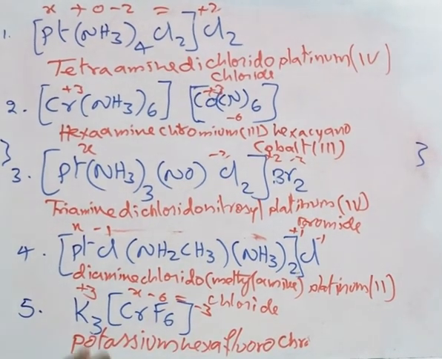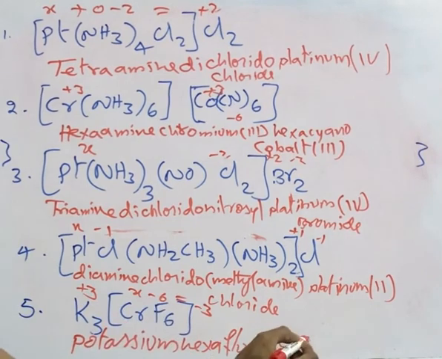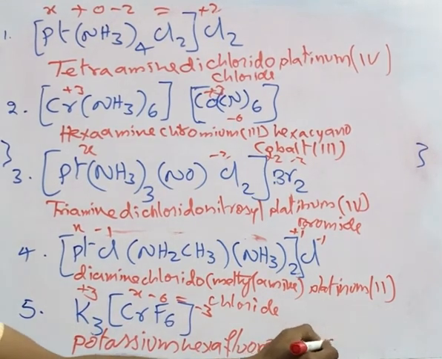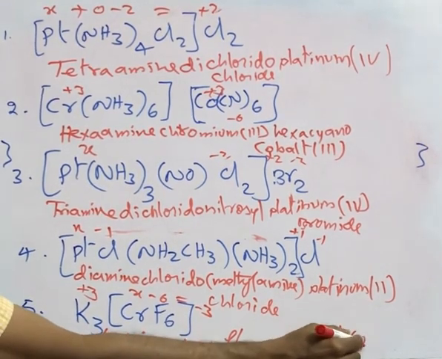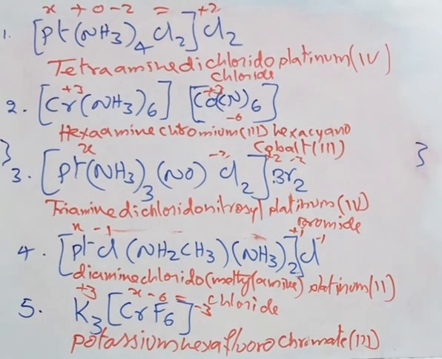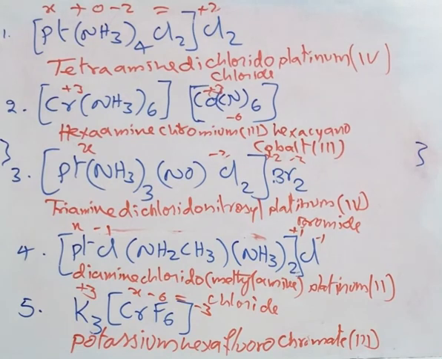So we need to understand this difference whenever we are writing a nomenclature. These are all the previously asked questions, so you should follow them, and in the next video we will see some more questions and answers related to coordination compounds.